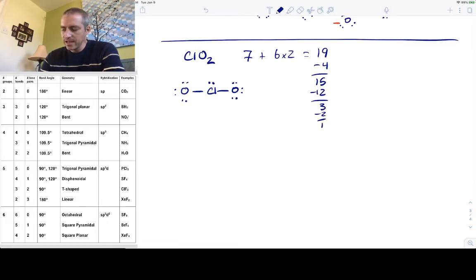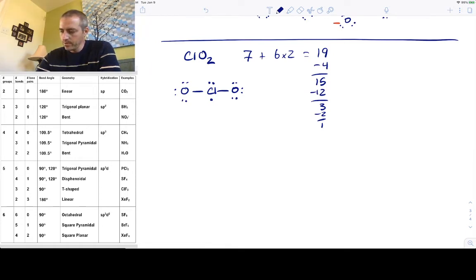That last electron will also go on the central atom, and we'll just put it by itself down there. So this is a bit of an odd structure because the chlorine has an odd electron out. It doesn't have a complete set of pairs, but that's okay. It's not going to be a very stable molecule perhaps, but it's still a real molecule that does exist.